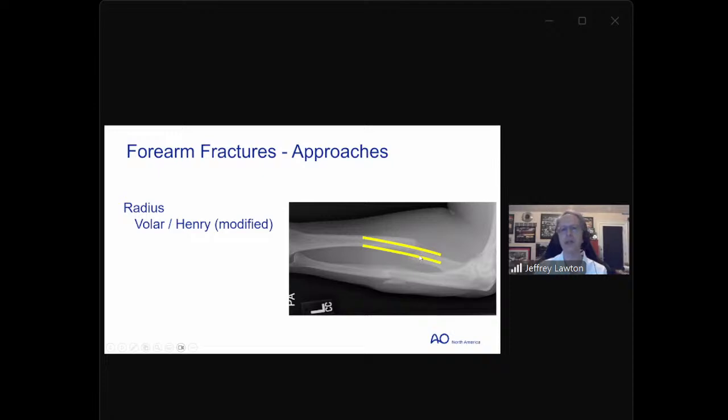And as you can see, maybe you get about 1 to 2 bicortical screws, but then you can't get more proximal because of the bicipital tuberosity. So we're limited at this fracture with a volar approach, whereas if we go dorsal, as you can see, you can go all the way up to the radial neck.